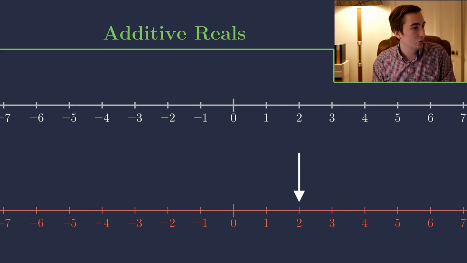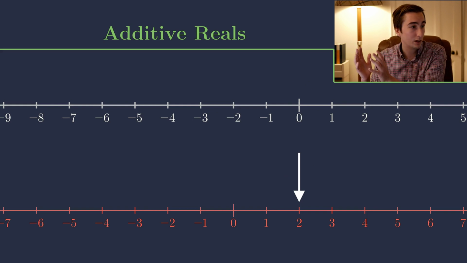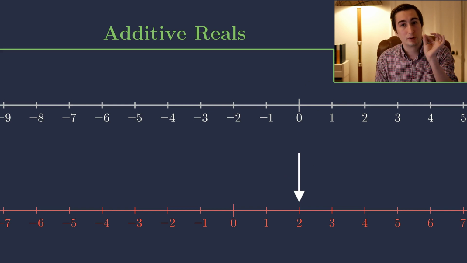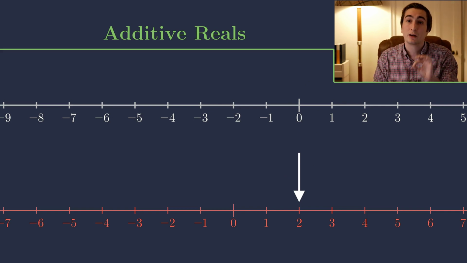So we think of the number 2 here as the thing that transforms the number line to the right by 2. It shifts everything along by 2. So we're thinking of the number 2 not as counting elements, but as the thing that transforms the number line to the right by 2. And this is when we think of it in the additive way.